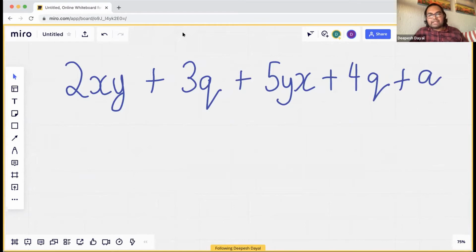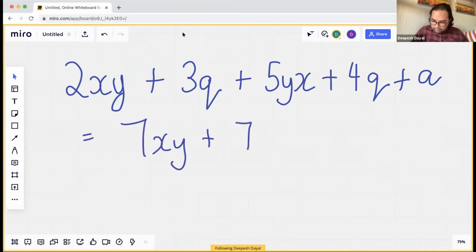So 2xy plus 3q plus 5yx plus 4q plus a. The answer is 7xy plus 7q plus a. And a only, I think. Yeah, it's a, right? I hope I'm not writing untidily, but it's a at the end.